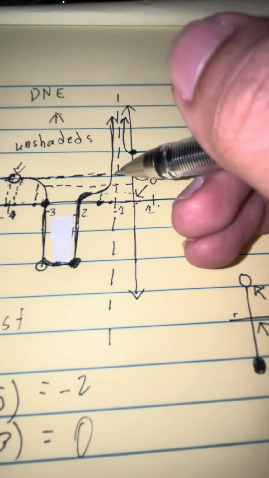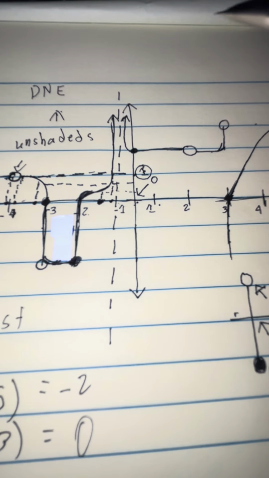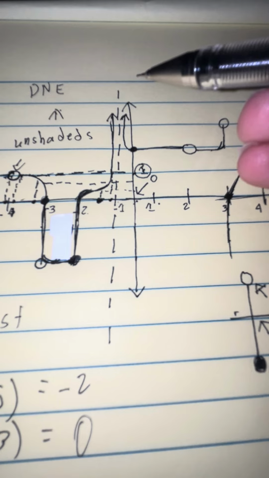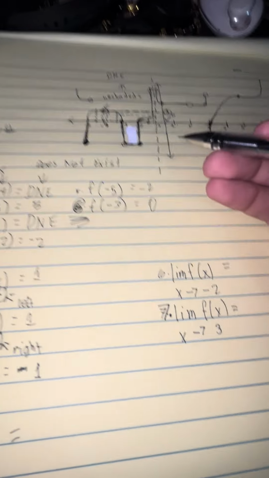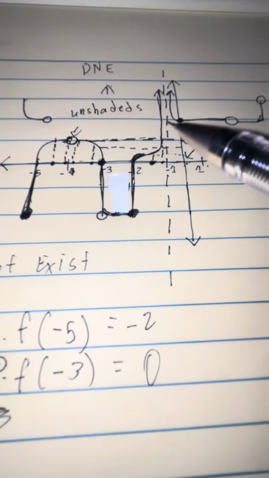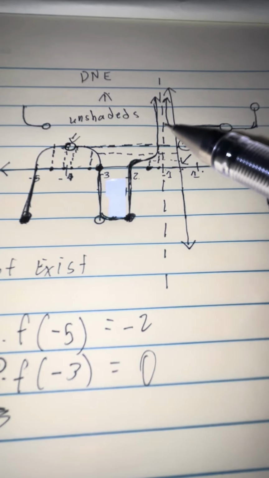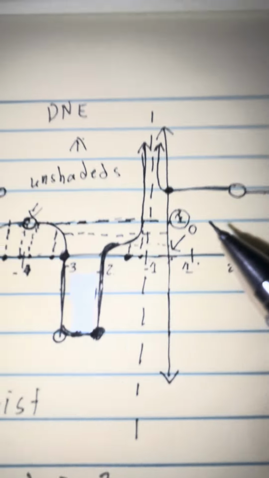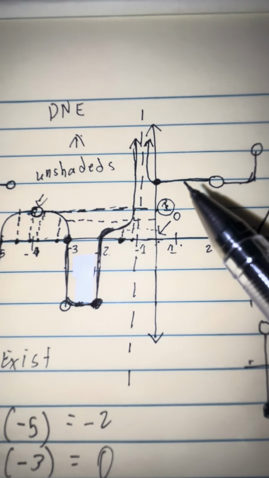This arrow signifies that the line goes on forever. And what does it mean if the line goes on forever? If the line goes on forever, then your answer is infinite, or positive infinity in this case, because it goes up. If it was going down, it would be negative infinity. But in this case, it is positive infinity.